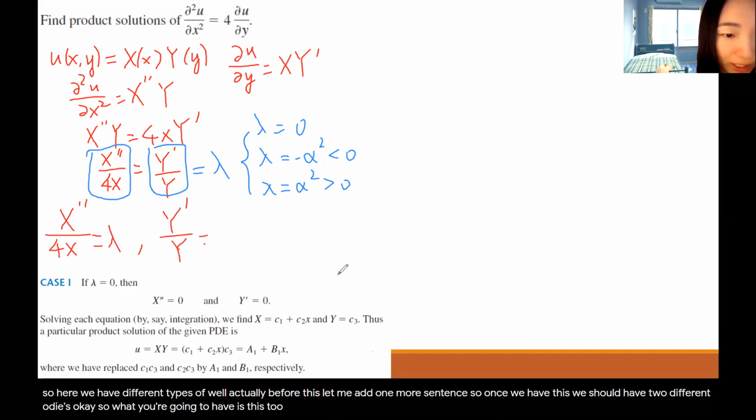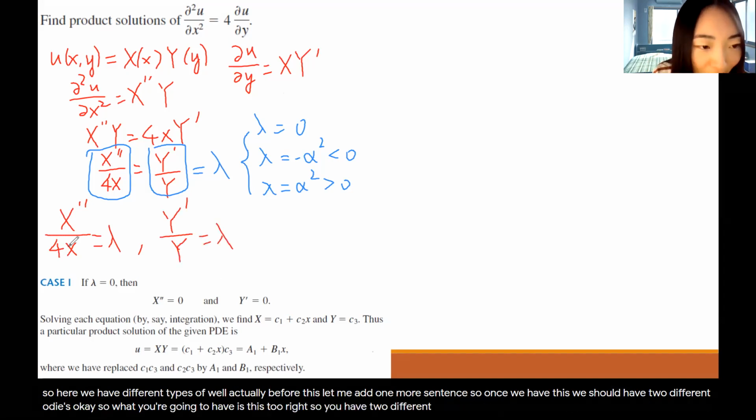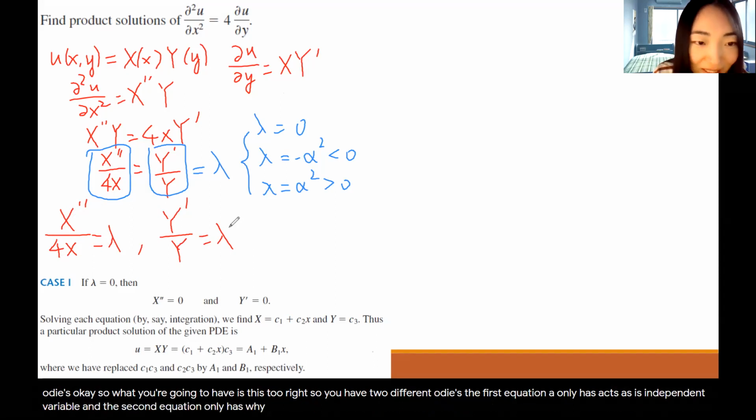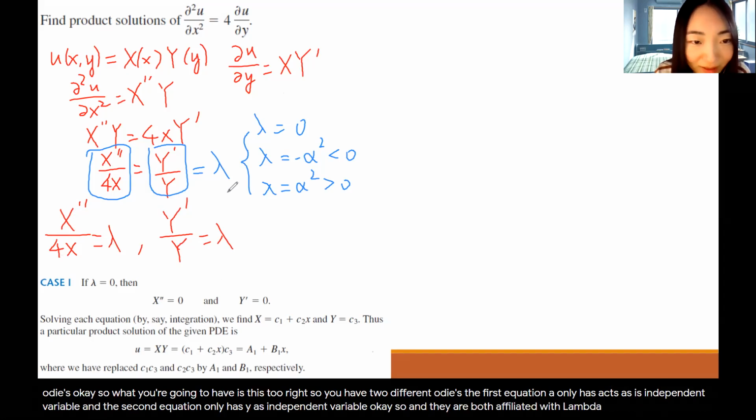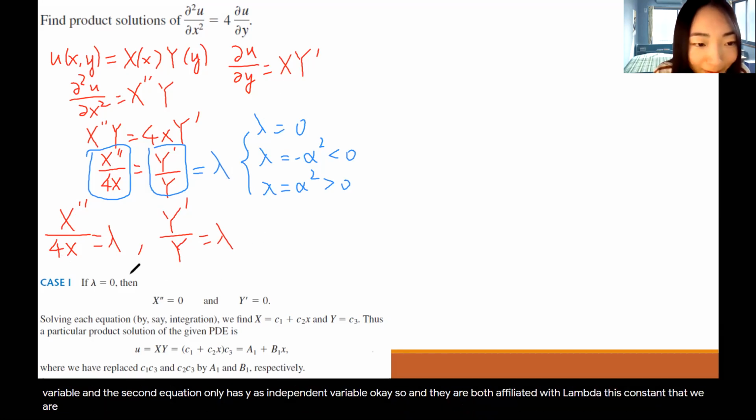The first equation only has x as its independent variable, and the second equation only has y as its independent variable. They are both affiliated with lambda, the constant that we assumed.